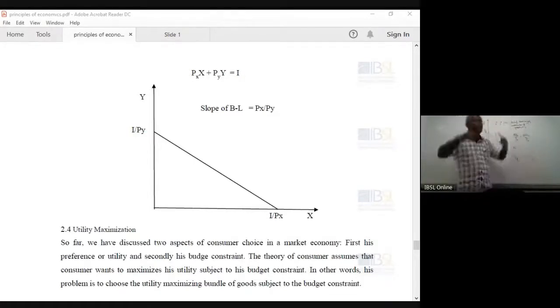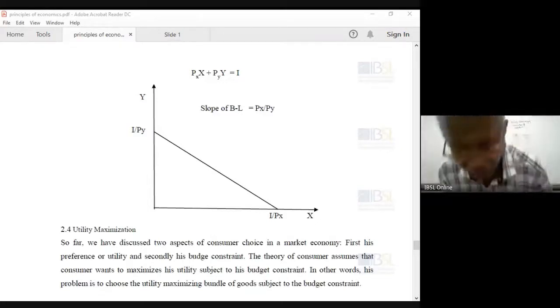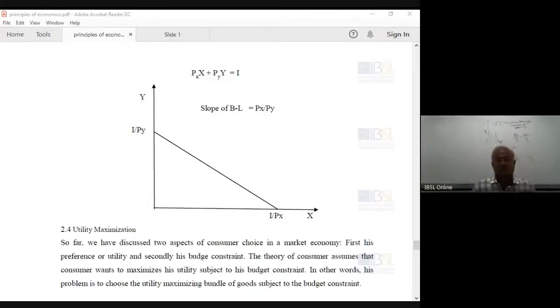At that point, we call it the consumer maximizes utility. This is the diagram, right? Please take down that: MUx over MUy. Right. We'll go back to this lesson.